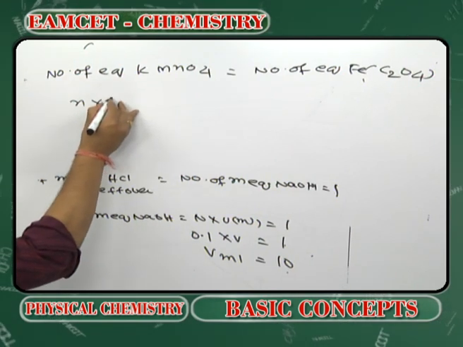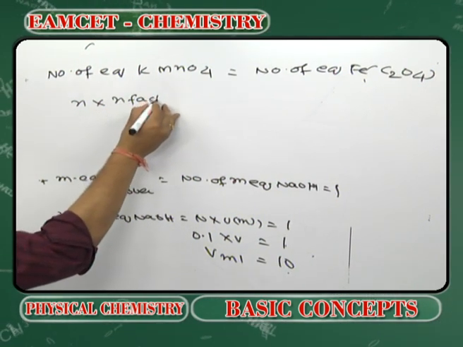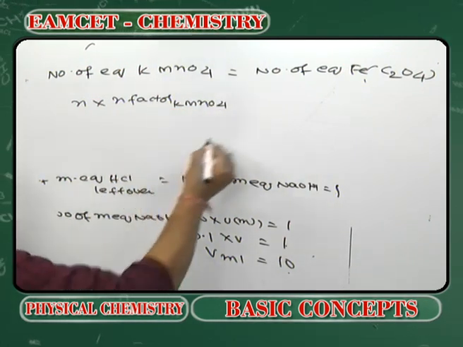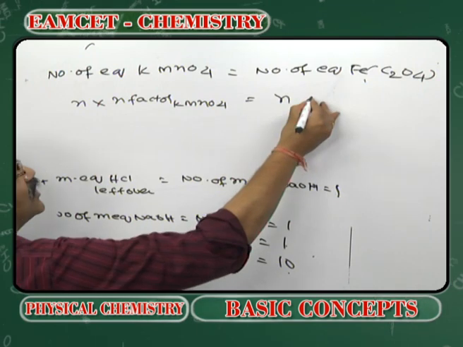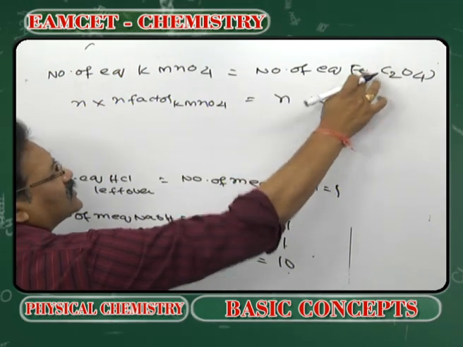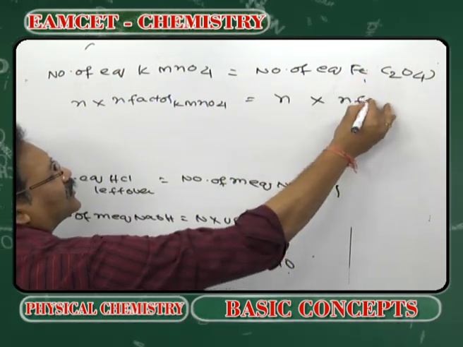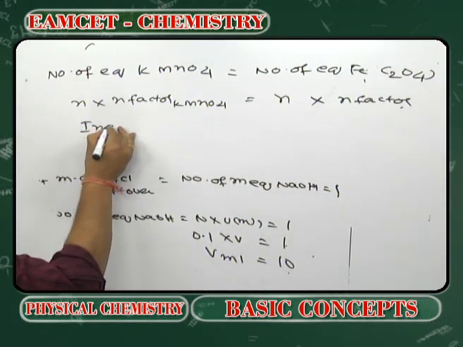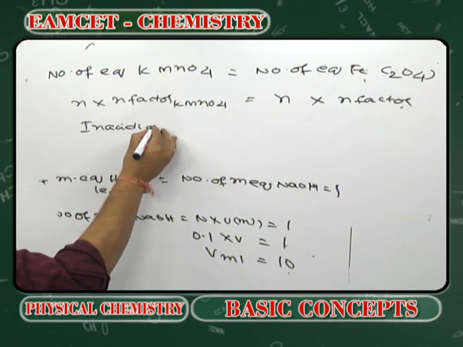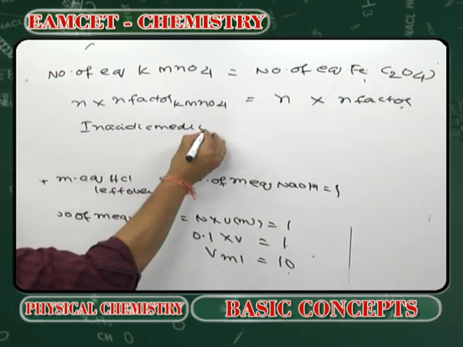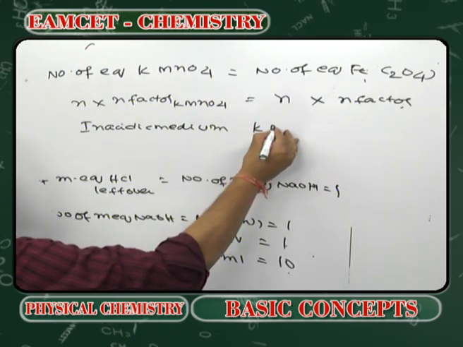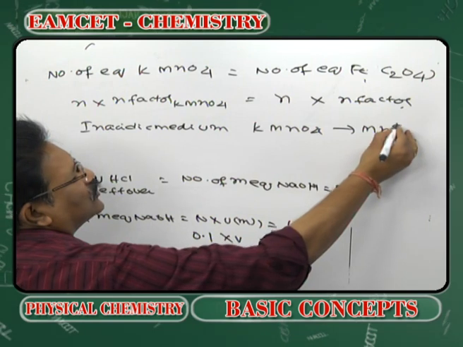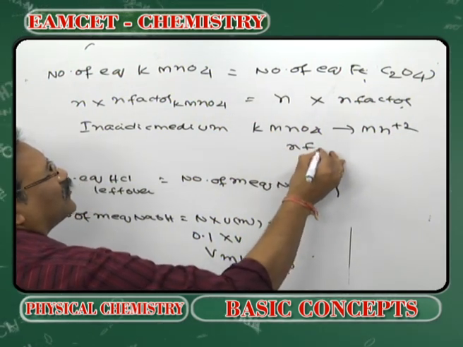How to get the number of equivalents? Number of moles into n factor of KMnO4 is equal to the number of moles of ferrous oxalate into n factor. In acidic medium, KMnO4 changes into Mn plus 2, so the n factor will be 5.